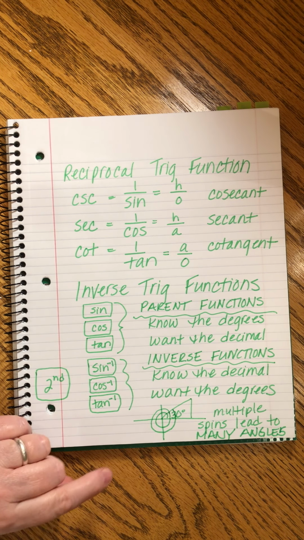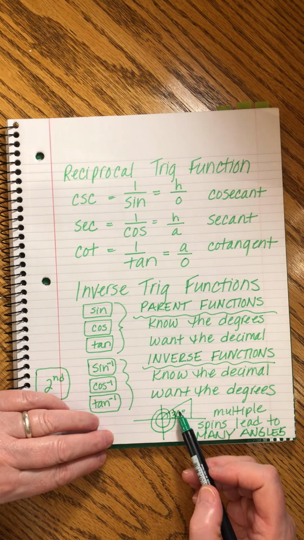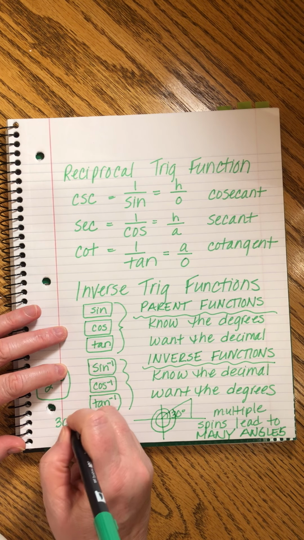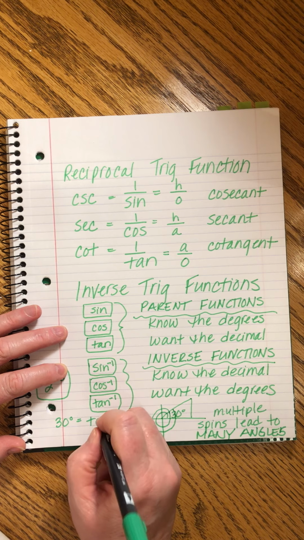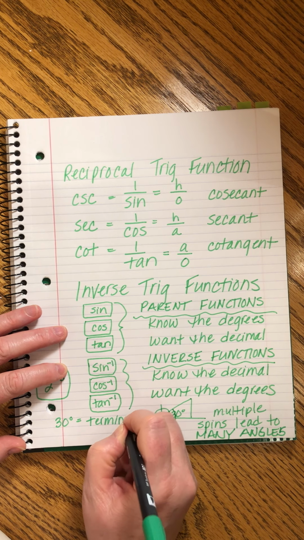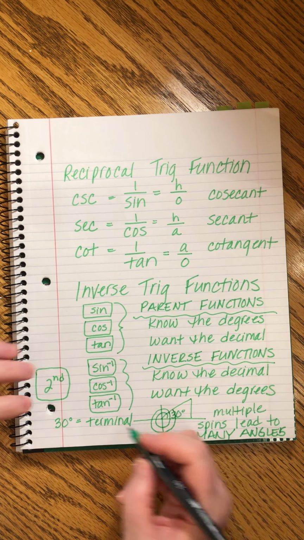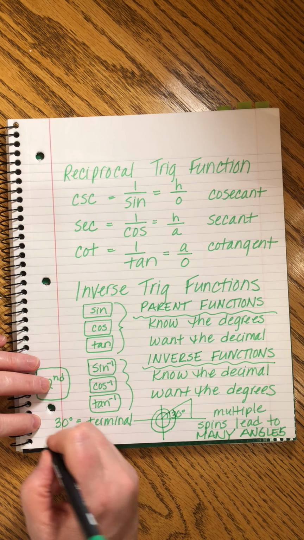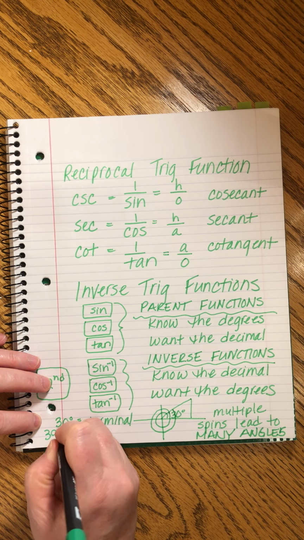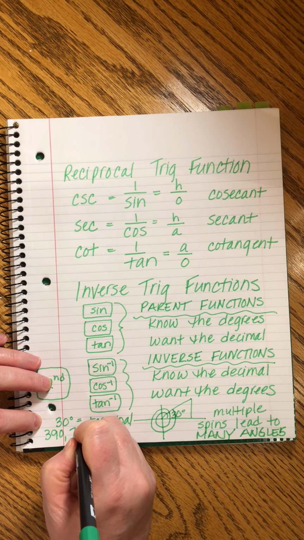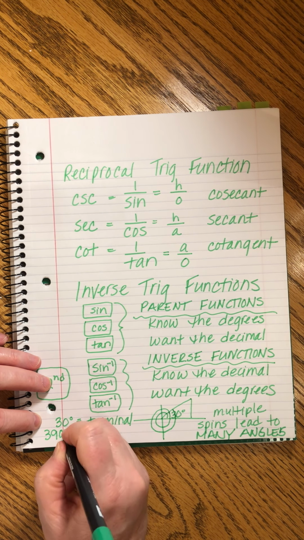And we call the first one, 30 degrees, the terminal angle. And then all those other angles where we're adding 360 over and over, they would be like 390, 750, and so on.